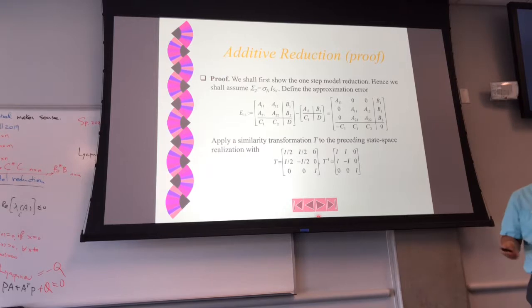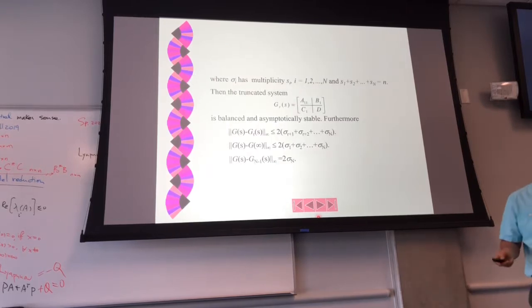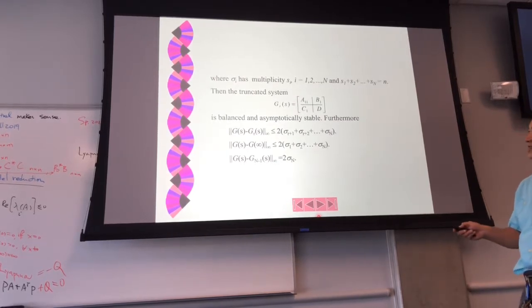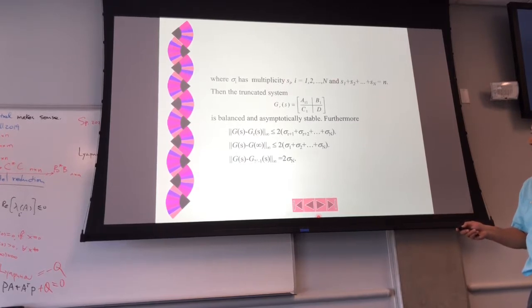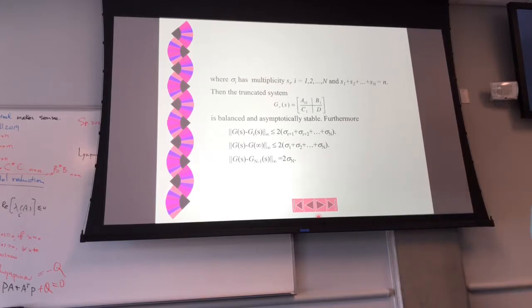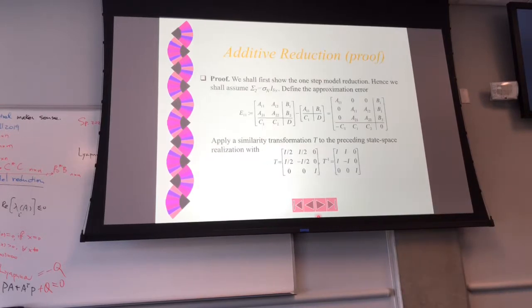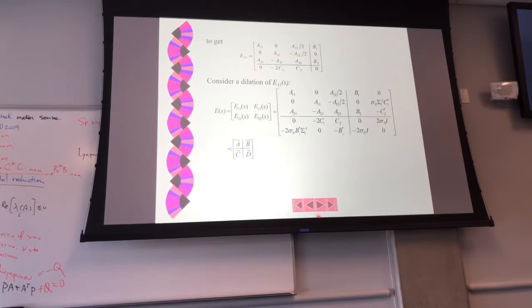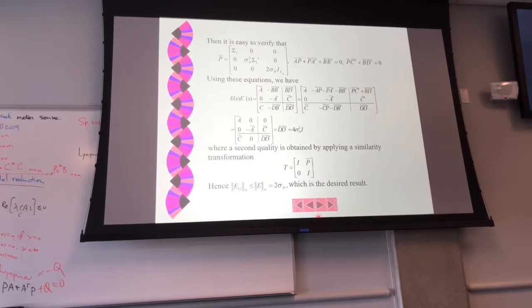And the last one: this one minus the last one will be exactly 2 sigma n. So these are very interesting results, and I believe especially this one is very useful for us to design robust control. This can be proved rigorously, and we're not going to pursue that.